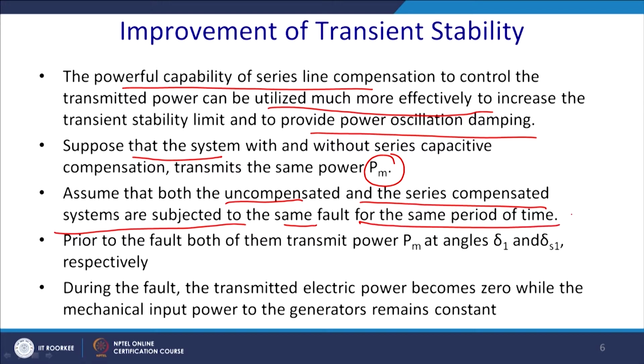Prior to the fault, both of them transmit power Pm at an angle delta 1 and delta S1 respectively. During the fault, the transmitted electric power becomes 0, while the mechanical input power generated remains constant. This is our assumption. So, what will happen then?